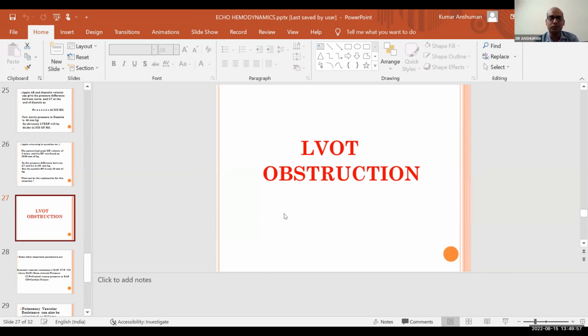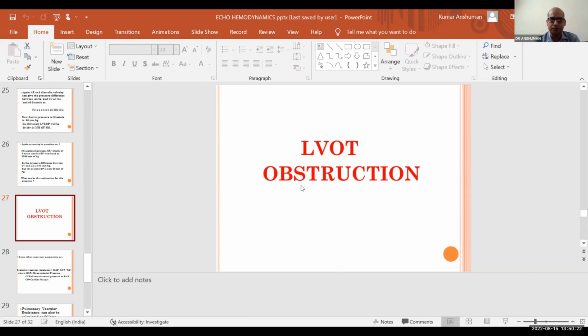Many a times you don't get clear-cut aortic stenosis. Many a times there is subvalvular thickening or subvalvular structures or membranes, which are not clearly visible in 2D echo. You go for TEE and then only you find that there is a subvalvular membrane causing LVOT obstruction.